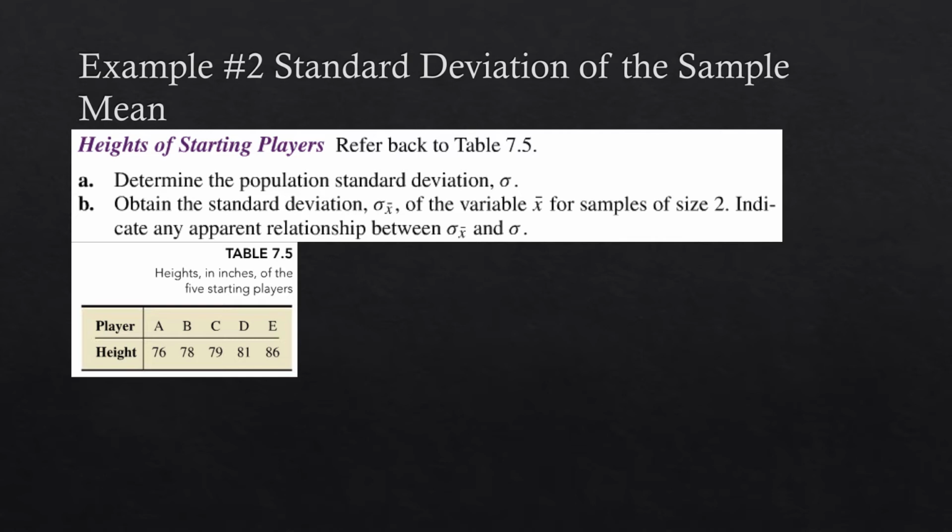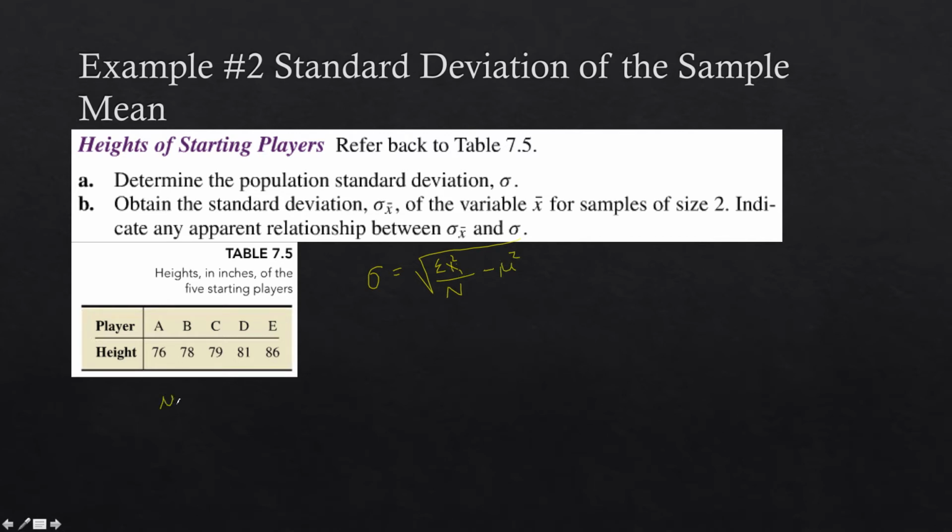Alright, so determine the population standard deviation. Let's remember what the computing formula is for population standard deviation. It is the square root of the sum of x sub i squared all over n minus the population mean squared.